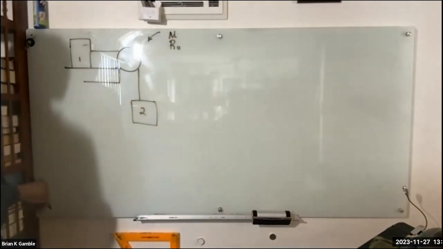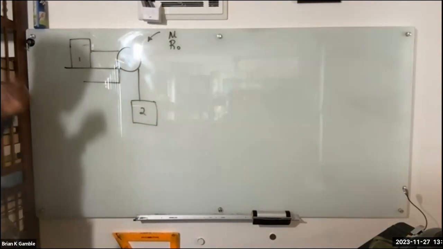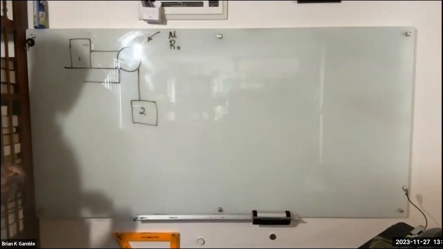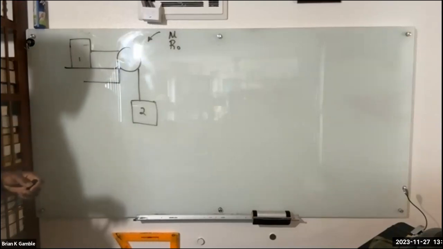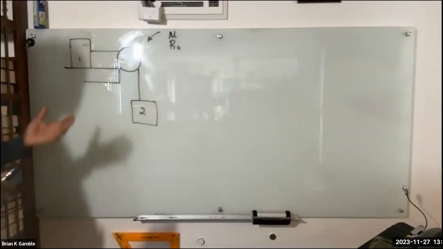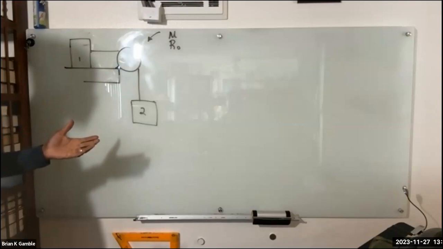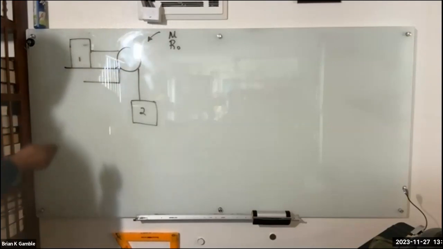So it's going to have a moment of inertia, and well, we have to take into consideration. So here, just like with the problems we did before, we were finding the tension, the system tension, and the system acceleration.